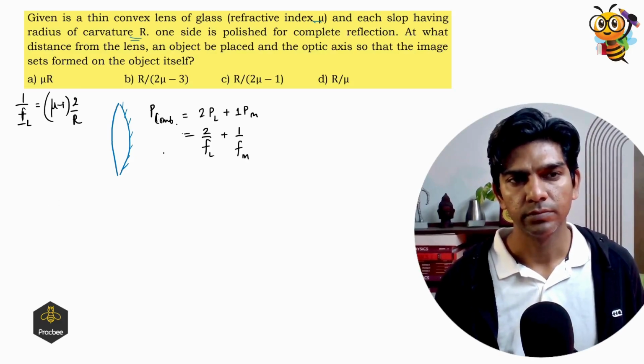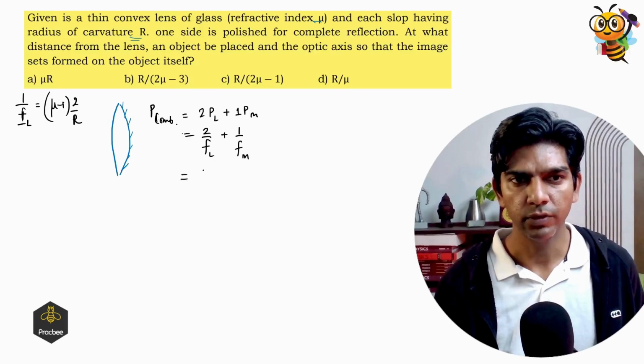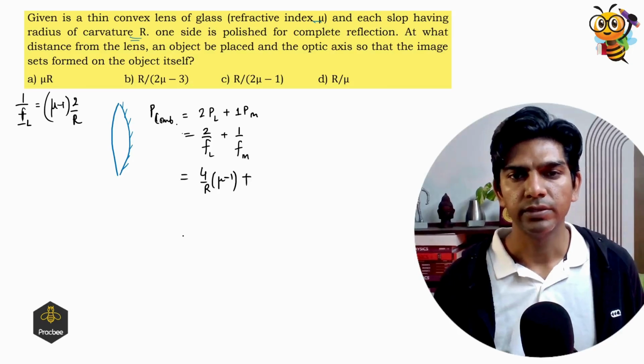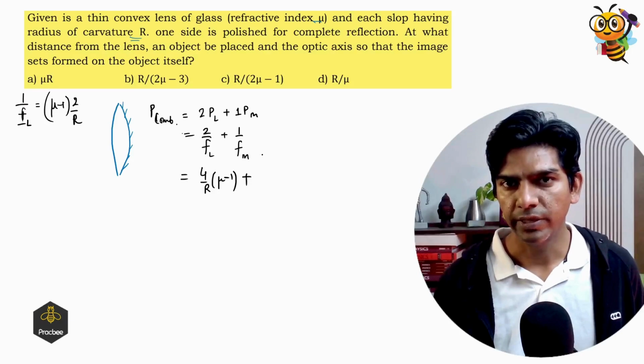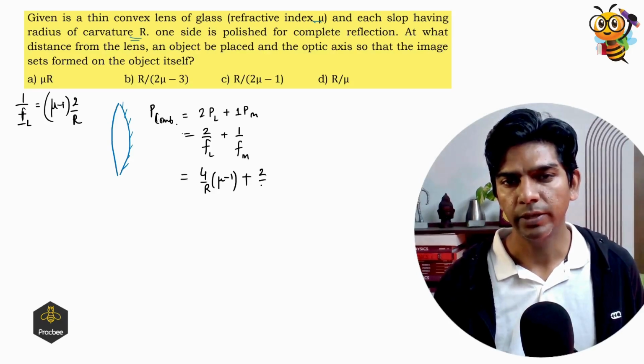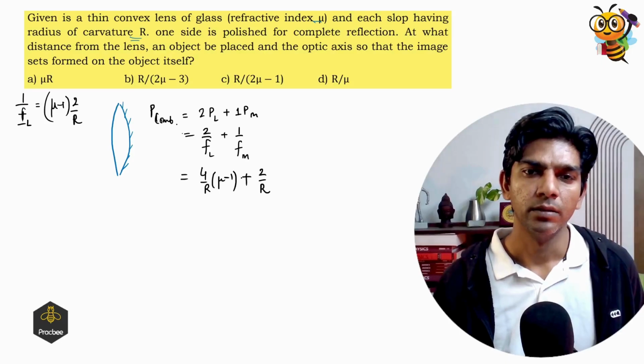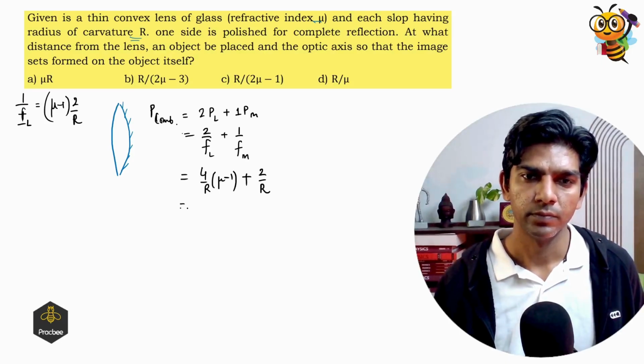From this we can say it will be 4 by r times mu minus 1, plus, for the mirror, focal length is half of the radius of curvature, so that will be 2 by R. Now from this, we can take 2 by R as common. So we'll get 2 mu minus 2 plus 1.